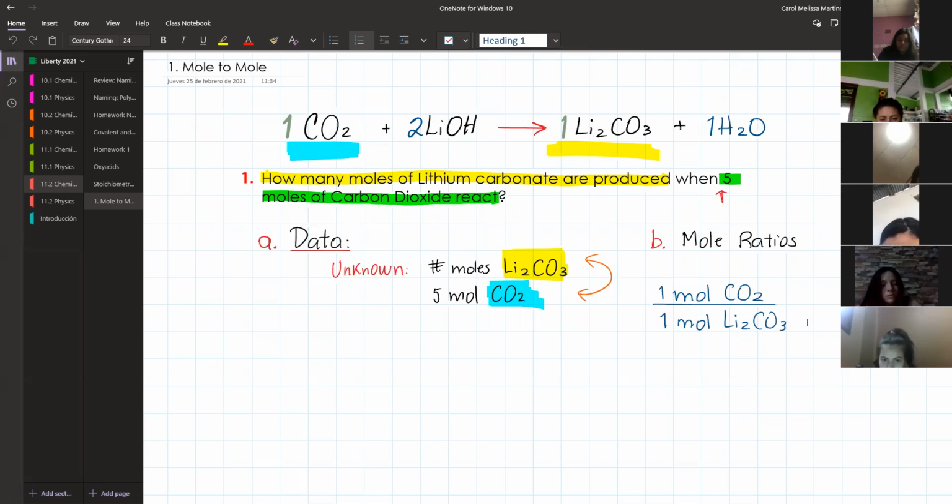So I can write the mole ratio like that, or I can write it like this, the lithium carbonate in the top and the CO2 below. Both are okay. Those are the two possible mole ratios.